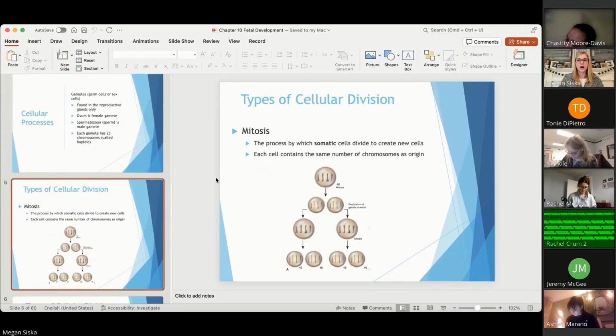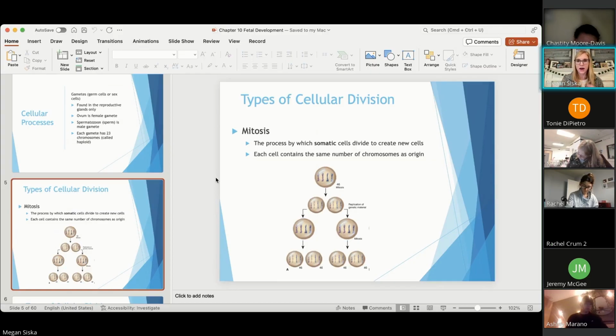Okay, so when we talk about cellular division, we have two different processes depending on if it's a somatic cell or a germ cell or sex cell. For our somatic or body cells, the majority of our cells, they use a process called mitosis to replicate and divide.